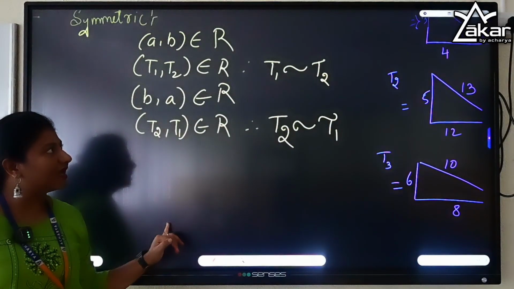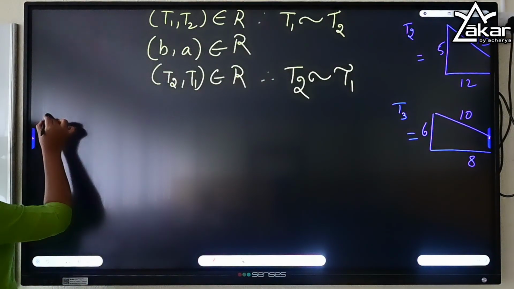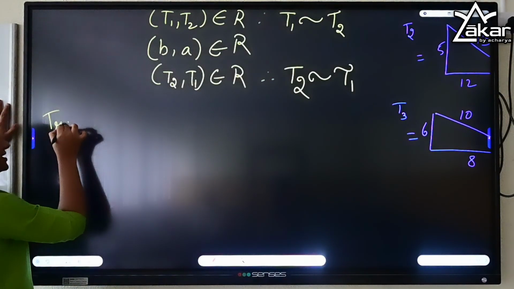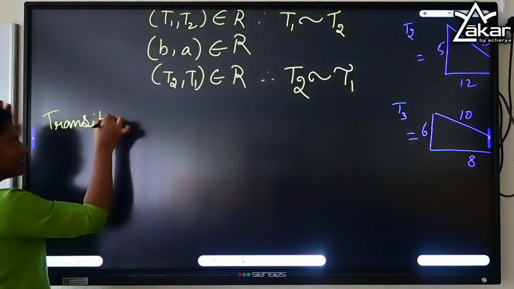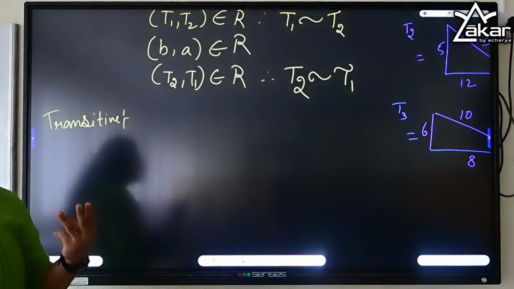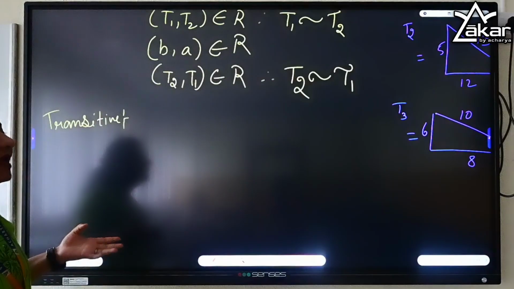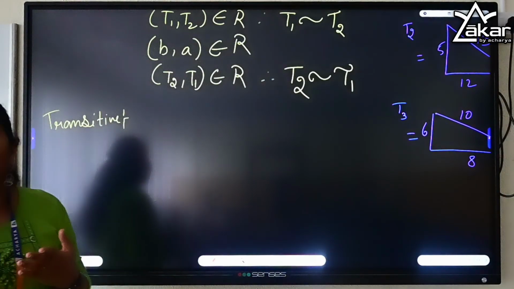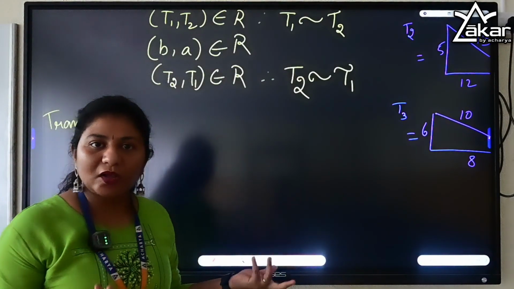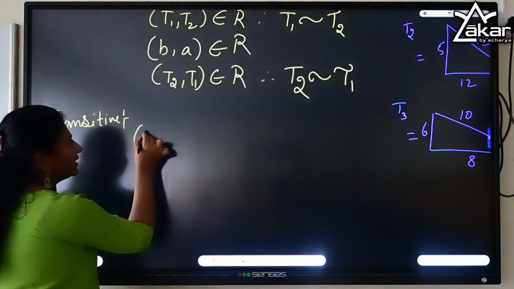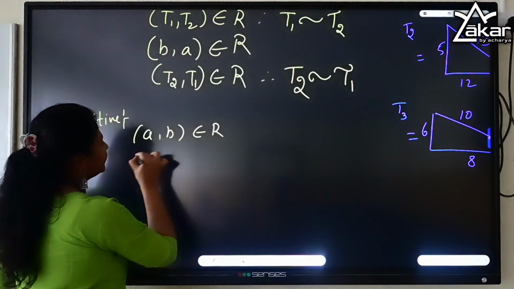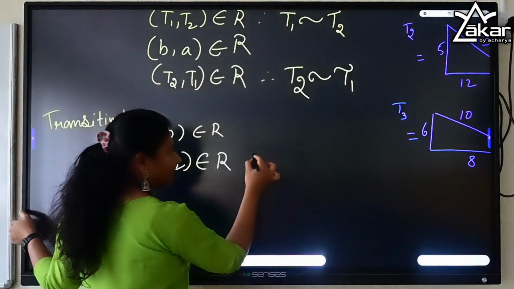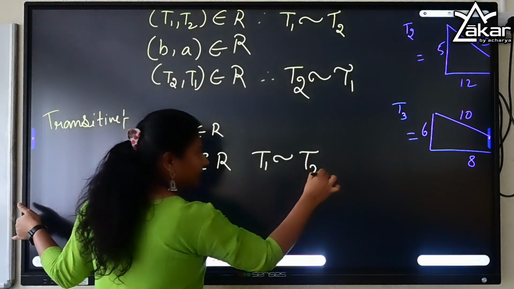Next, let us go to the third one, that is T3. What does the T3 condition say? The transitive condition says that if you take any three triangles, for example, let us consider another triangle with sides 4, 5, 6 or 3, 4, 5 that is similar to the first triangle. The proof says that A comma B belongs to R, then T1 comma T2 belongs to R, because T1 is congruent to T2.